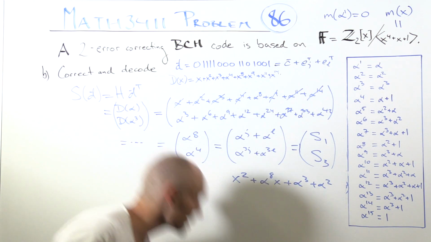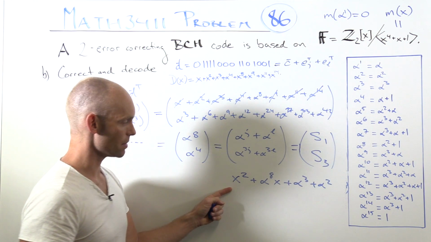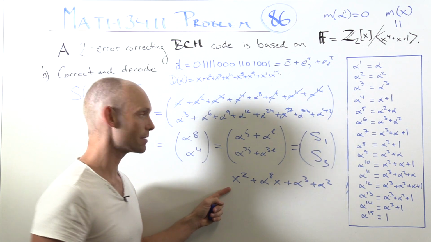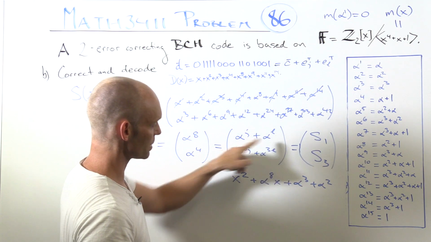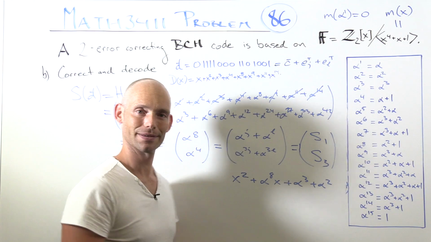So we're looking for the roots of this polynomial, and that'll exactly give us the alpha to the power of j and alpha to the power of l.